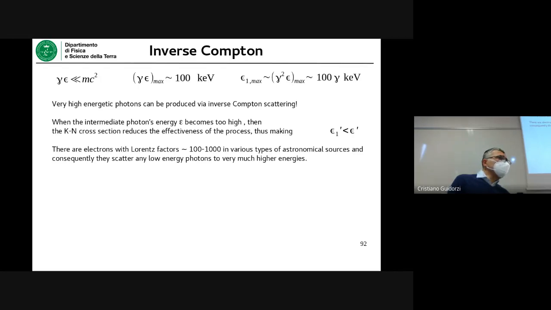I already mentioned that in many astrophysical contexts, you might end up with electrons having Lorentz factors of 10, 100, 1000, and even more. We already mentioned that in the case of the Crab Nebula, which we will comment on again.